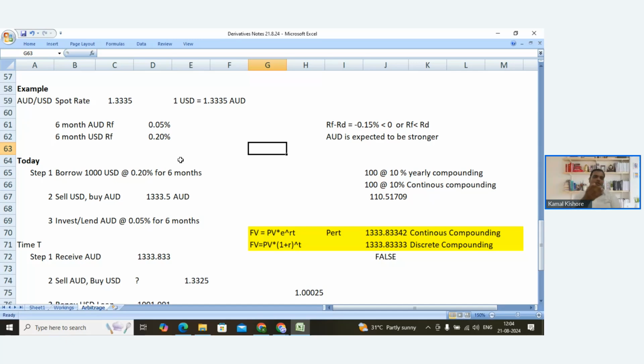Arbitrage and replication chapter, third or fourth chapter? Fourth. Go there.